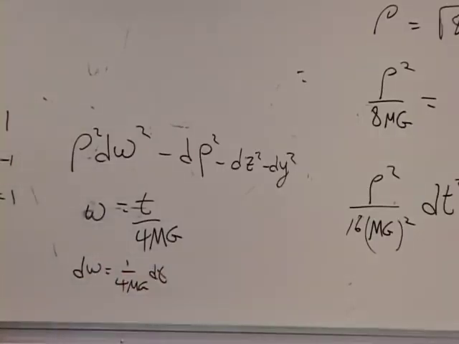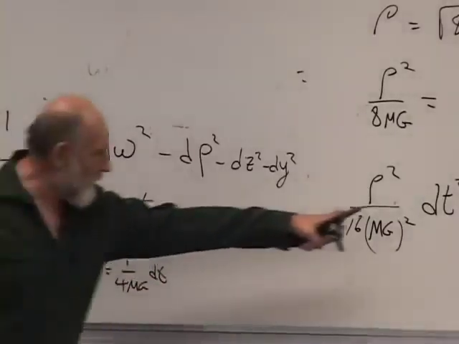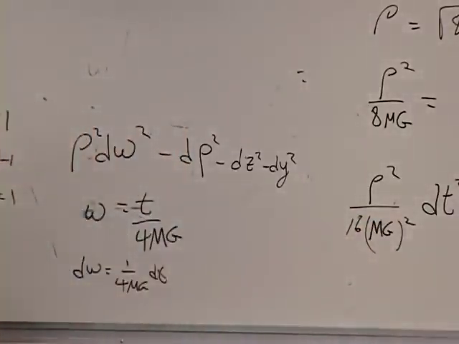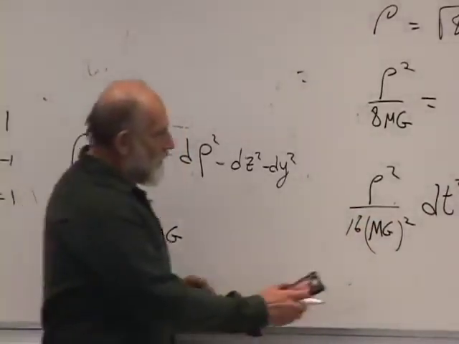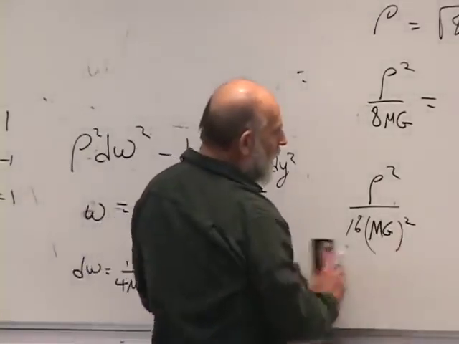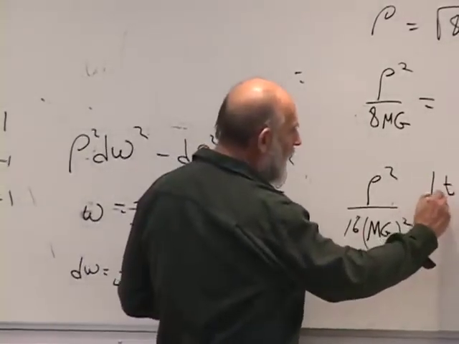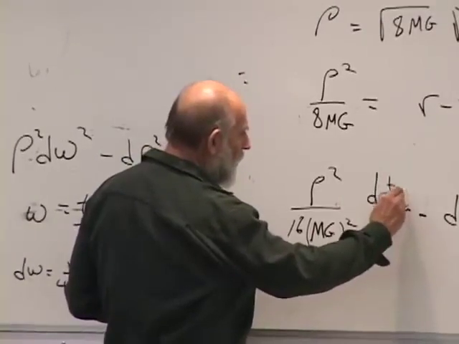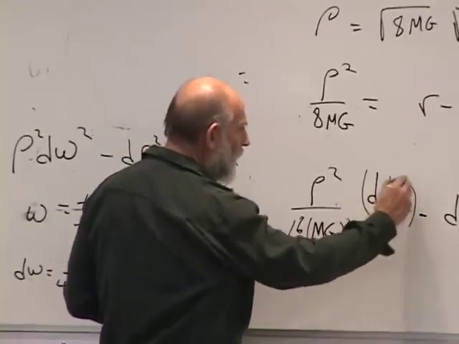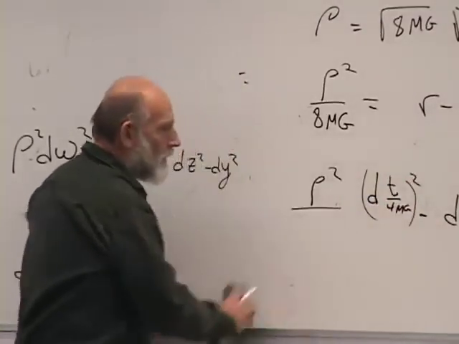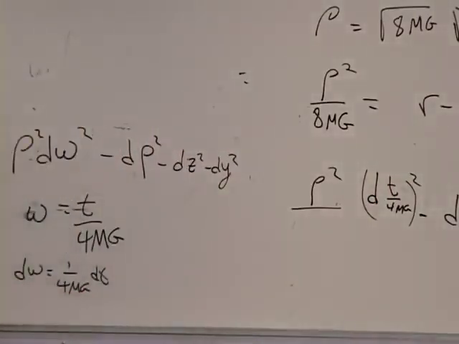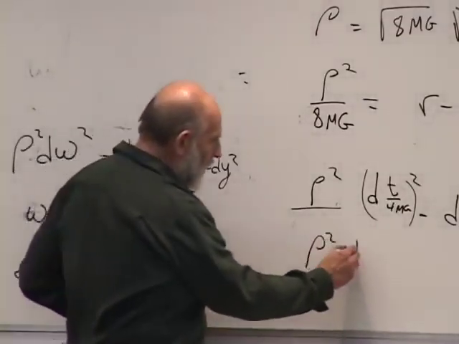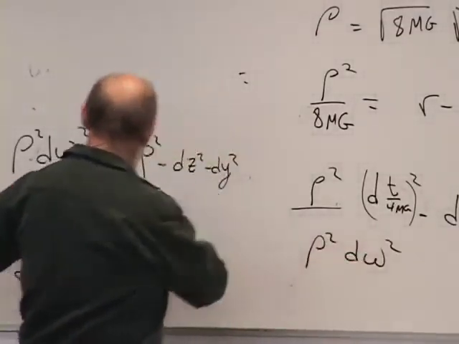D omega squared is just dt squared over 16 m squared g squared. So I look at this and I say, oh my goodness, this is nothing but dt over 4mg squared. And so all I have to do is change variables from t to omega. And this becomes rho squared d omega squared, the same thing as this here.